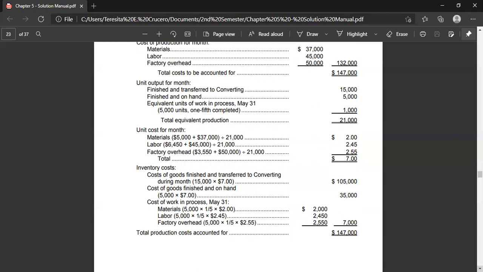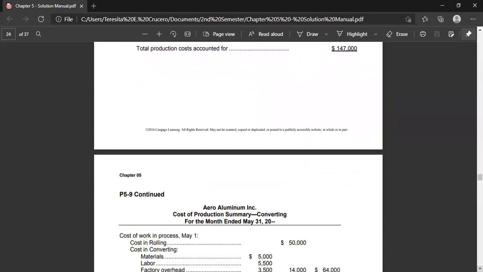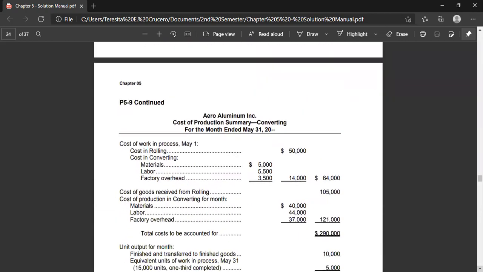Labor is still the same, 5,000. Only that this time, the work done is also 1/5. So materials, labor, and factory overhead, the work done is 1/5. So individually and finally you get production cost per unit, ending with the total production cost.